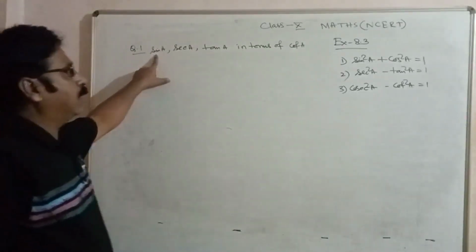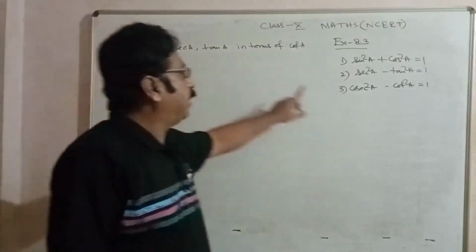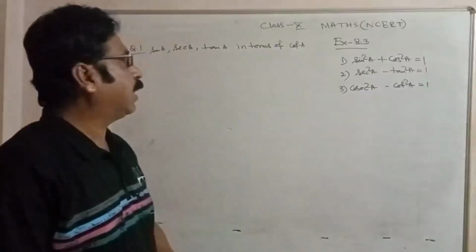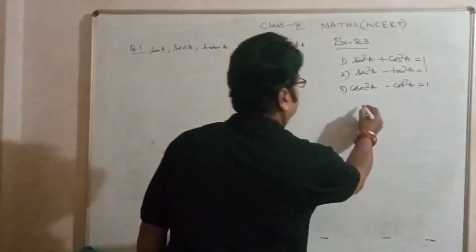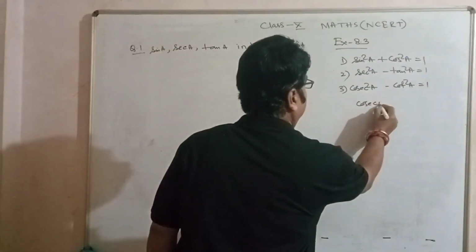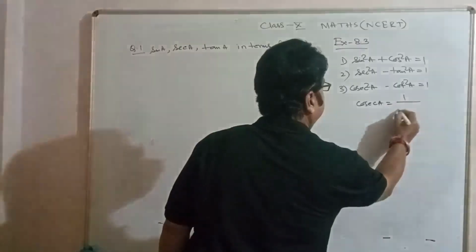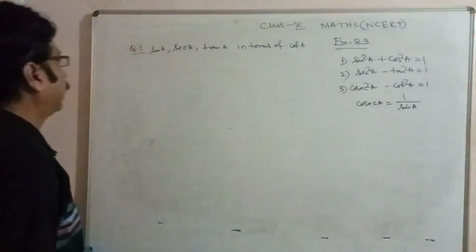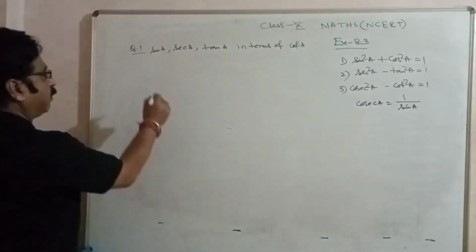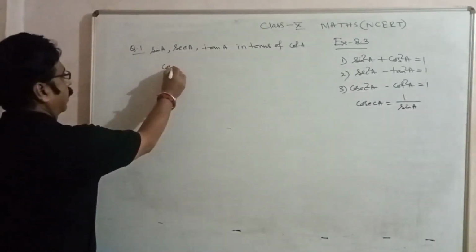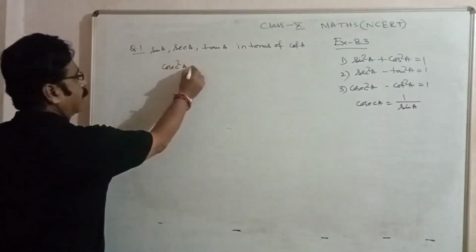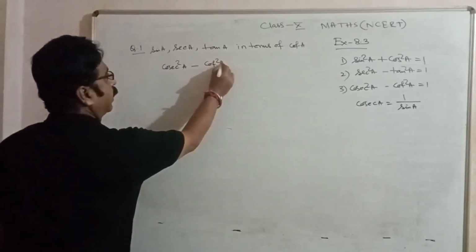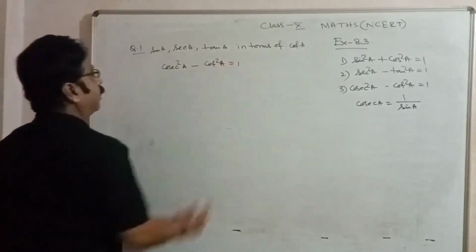For sin A, we can choose this option because cosec A means 1 upon sin A. It is the reciprocal of sin A. So cosec square A minus cot square A is equal to 1.